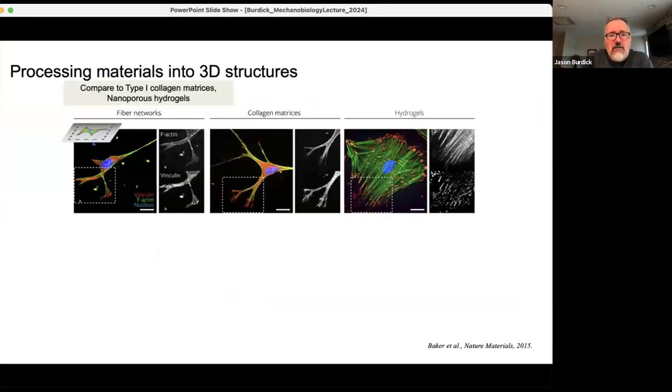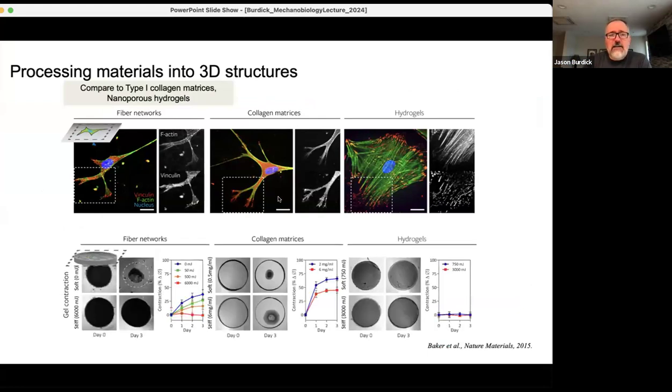And then I think I go back to some of these examples where if you compare these materials that are fibrous versus collagen versus flat hydrogels, again, the morphology I already showed you is very different. And these fiber networks mimic a lot more how cells interact with collagen, something that is a component of the ECM. And then other features, because this is about mechanobiology, how cells then pull on that material.